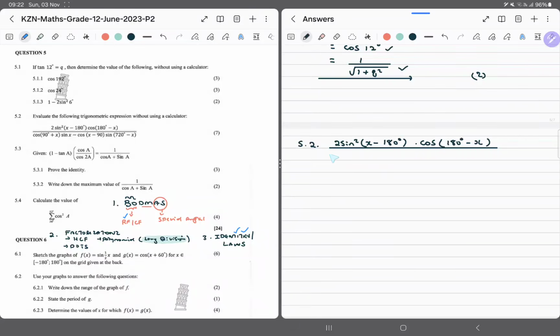Okay, and then here we've got cos of 90 degrees plus x sine x minus cos of x minus 90 degrees times sine of 720 degrees plus x. Okay, so let's have a look at this one and see what we can do about it.